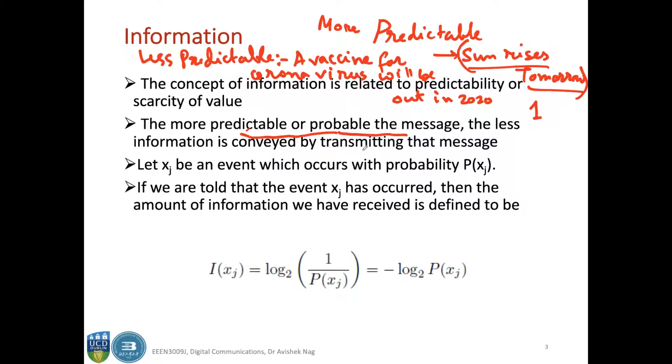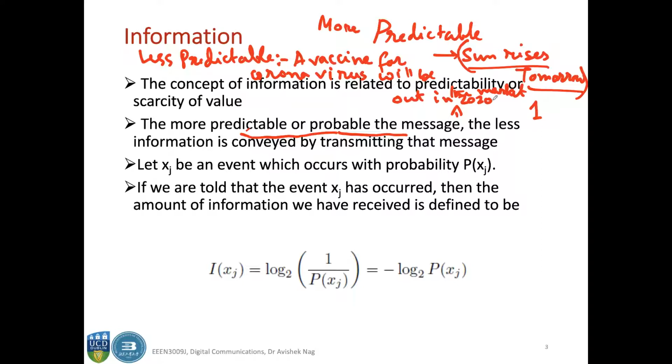Of course, I don't want to be controversial, and I don't want to undermine the efforts of the scientists. Definitely they will come up with something. They probably have already come up with something, but let's say a vaccine for coronavirus will be out in the market in 2020. This is a very low probable event.